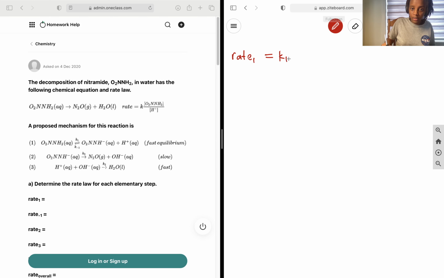So it's going to be k1 multiplied by O2NNH2, because that's the only reactant in that case. Rate -1 is going to be equal to k-1 O2NNH- multiplied by H+.